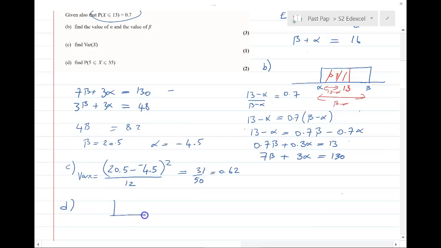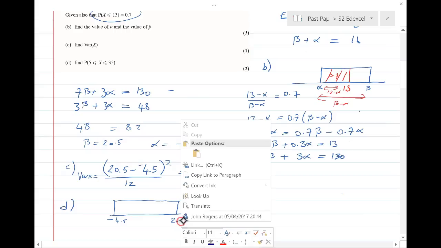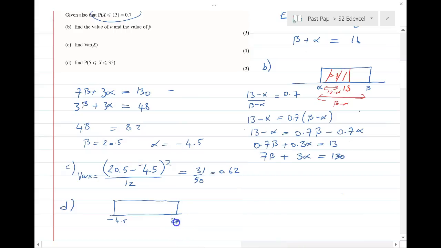Now that we know that our values of alpha and beta are minus 4.5 and 20.5, it's just testing that we actually know that the probability that X lies between 5 and 35 is exactly the same as the probability that X lies between 5 and 20.5, because it can't be above 20.5.